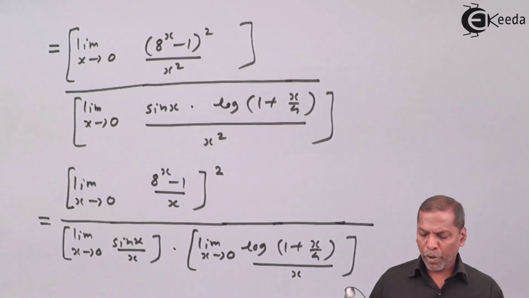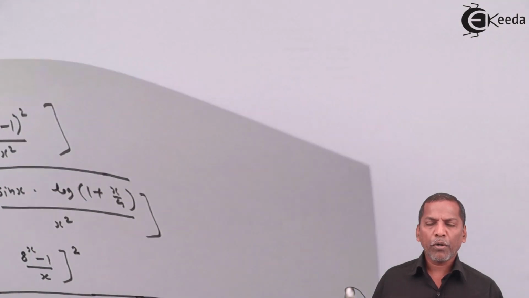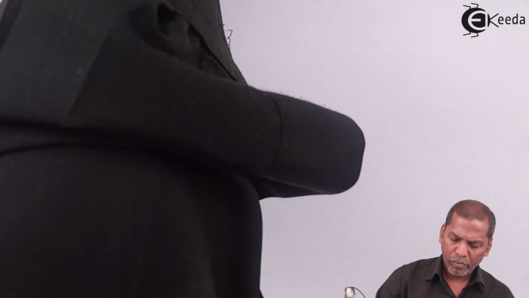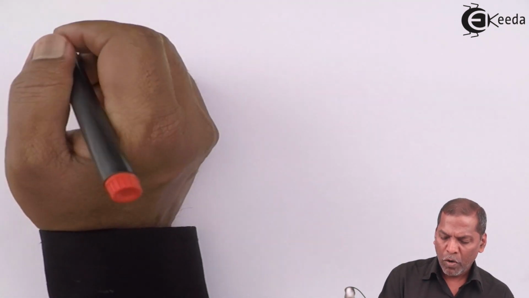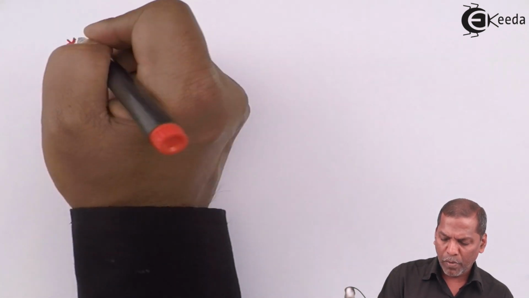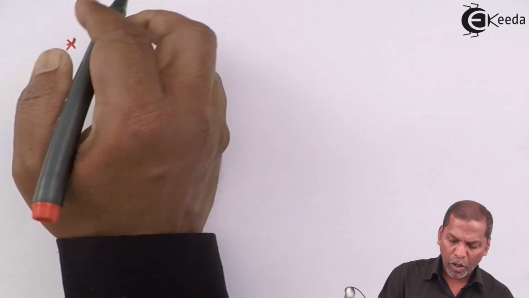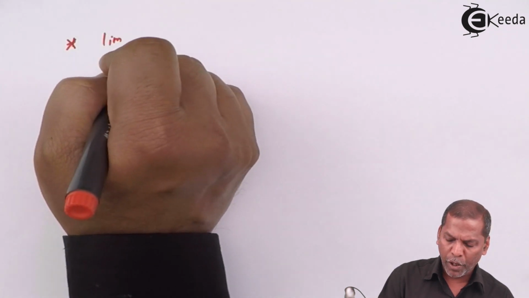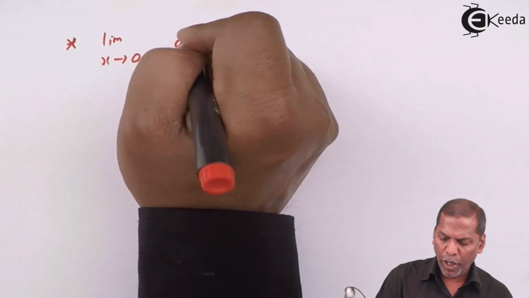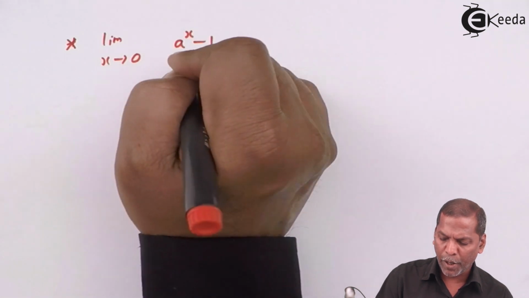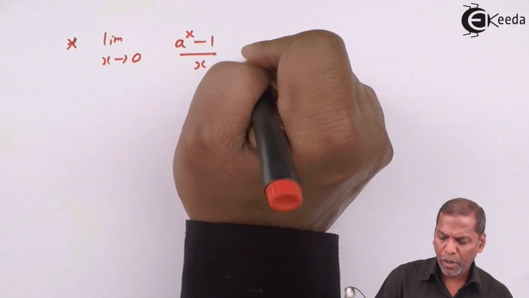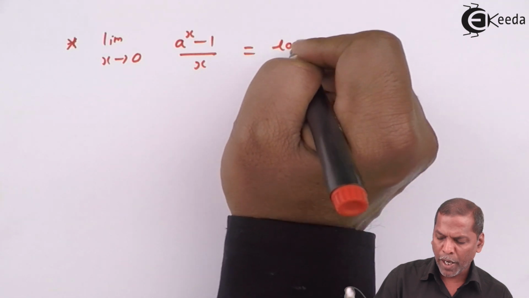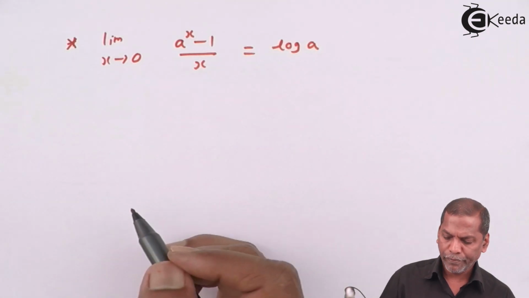Now here we use 3 rules of limits. First is limit x tends to 0 of a raised to x minus 1 upon x, that gives log a.